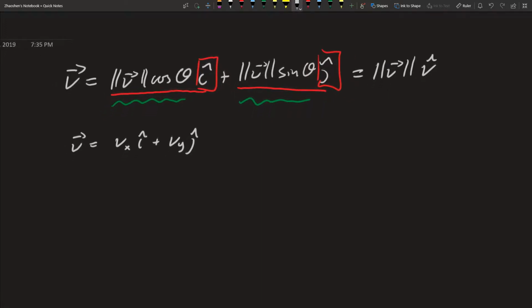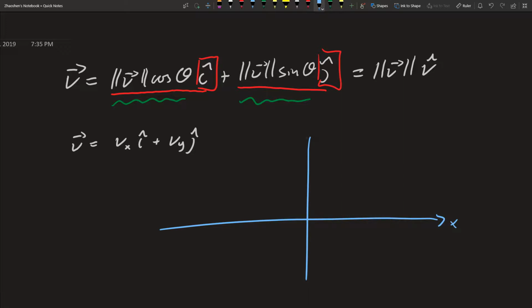So let me actually draw a coordinate axis, x, y, and I'm going to draw my vector v. This is my vector v. And unit vectors, this will be i, that will be j.